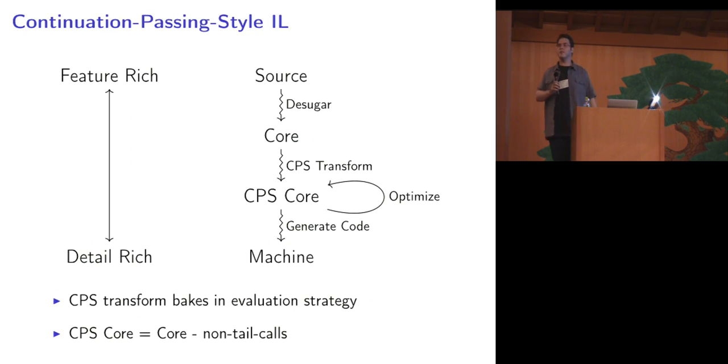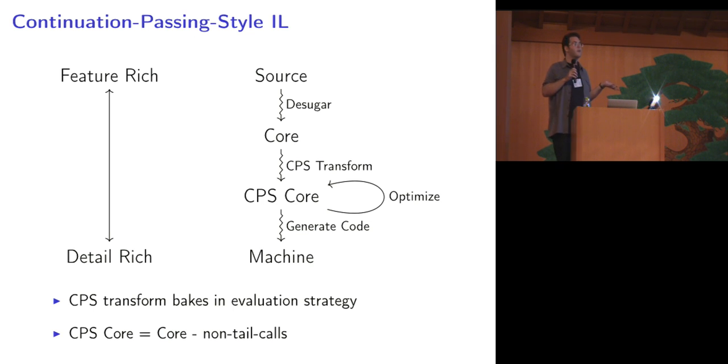But there's another way to use the lambda calculus, and it's also very popular. It's using a continuation passing style. In this case, we still have the same sort of desugaring process where we go down maybe into a core, but then after that, we do a transformation that removes yet another feature from our language, which is the ability to compose functions, essentially.